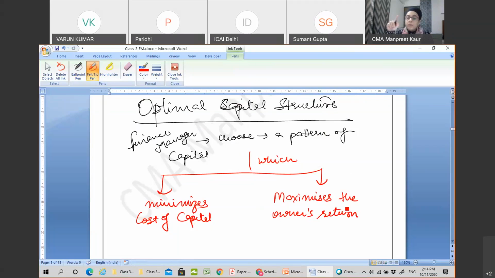It means optimal capital structure is that structure where there is a pattern of capital which minimizes the cost of capital and maximizes the owner's return. That is the optimal capital structure.